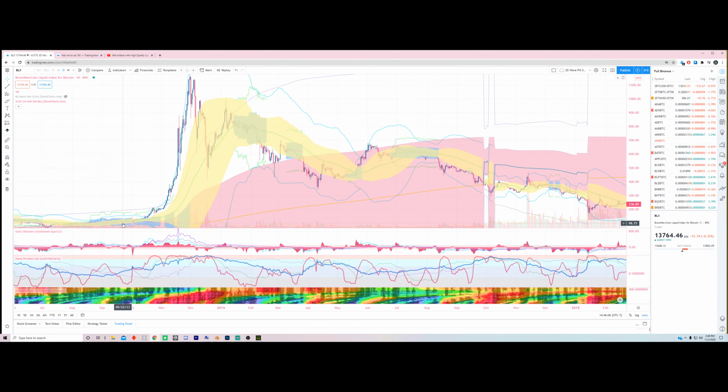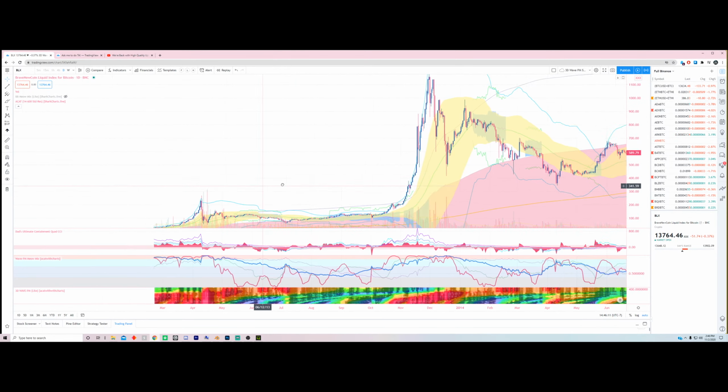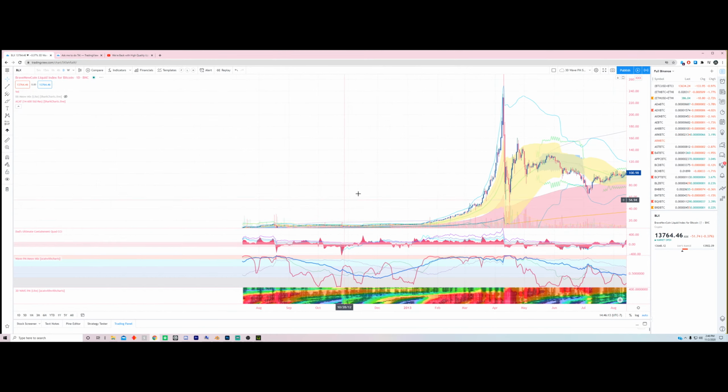This is incredibly rare on the weekly chart. I'm trying to think of another instance where this has happened. Silver, I think.